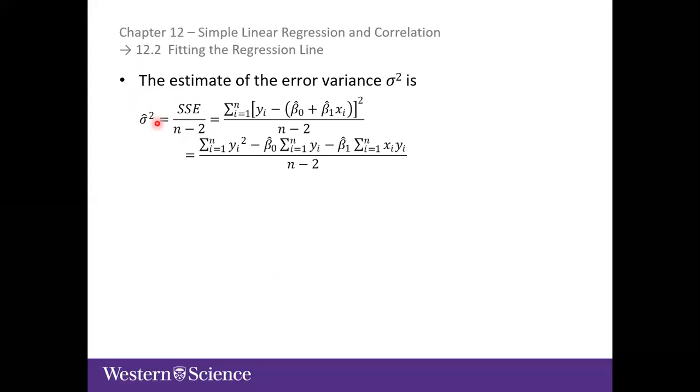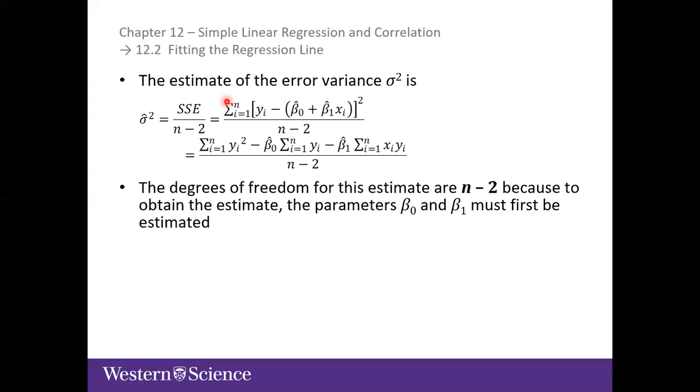So it is the mean squared error, the total error divided by n minus 2. N minus 2 is the number of free data points, the degrees of freedom. Initially we had n data, but we used two constraints to estimate beta naught and beta 1, so we reduced the degrees of freedom by 2. This is essentially the mean squared error.